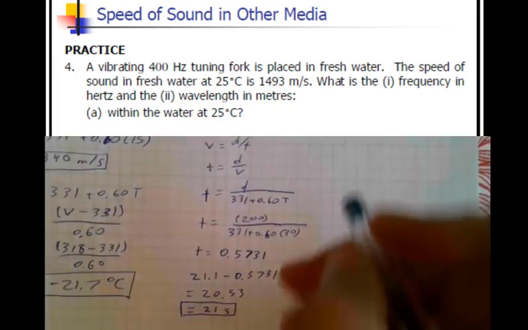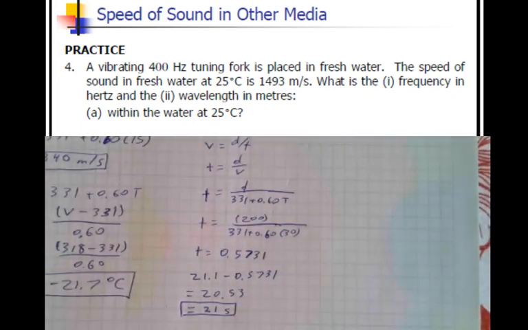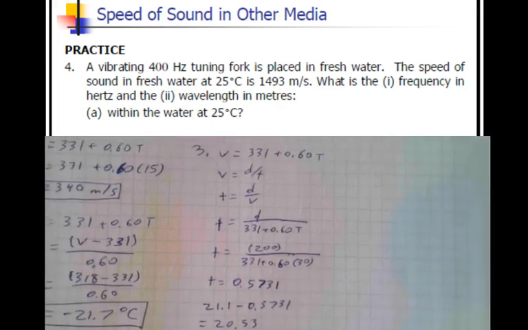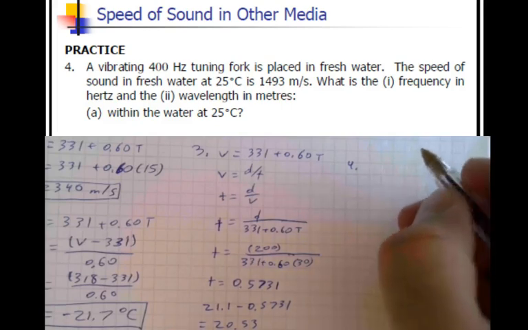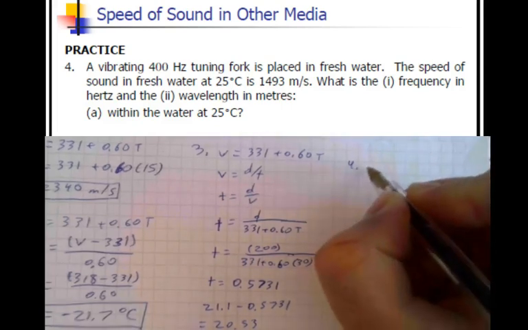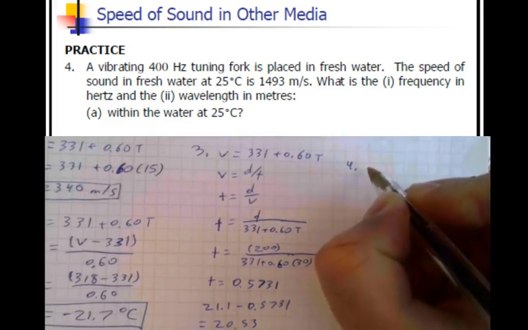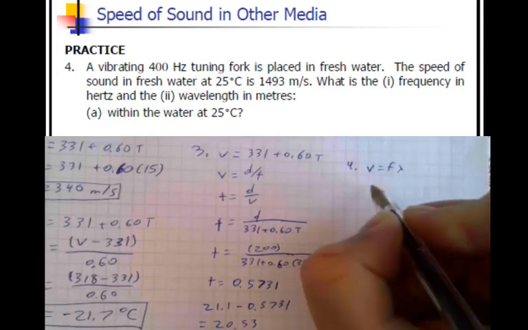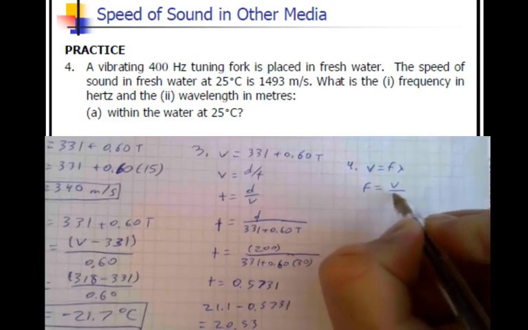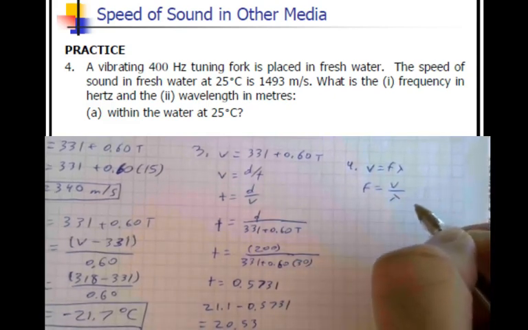So, for question 4, here we would have to calculate our frequency. We know v equals f lambda. So f equals v over lambda.